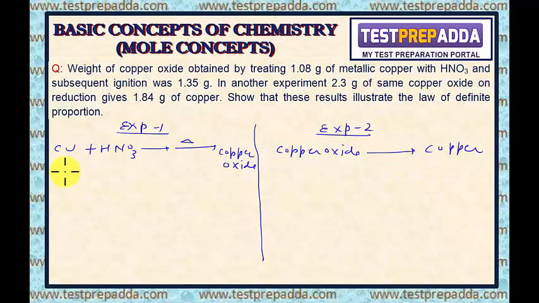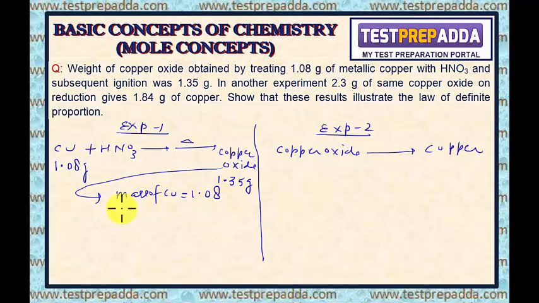In the first case, copper used is 1.08 gram and the copper oxide obtained is 1.35 gram. So whatever copper used is actually converted into copper oxide. So in this copper oxide, if you write mass of copper, it will be 1.08.